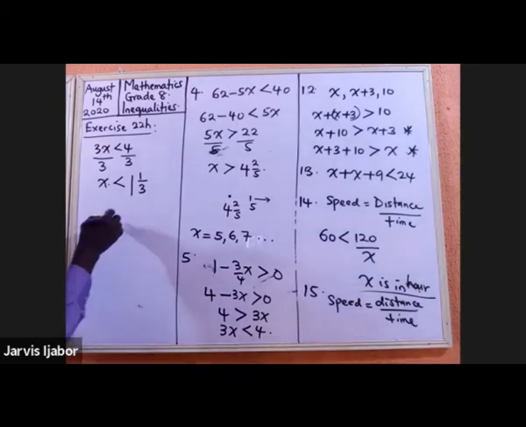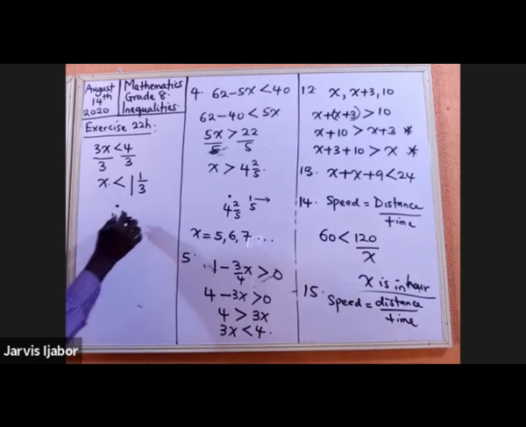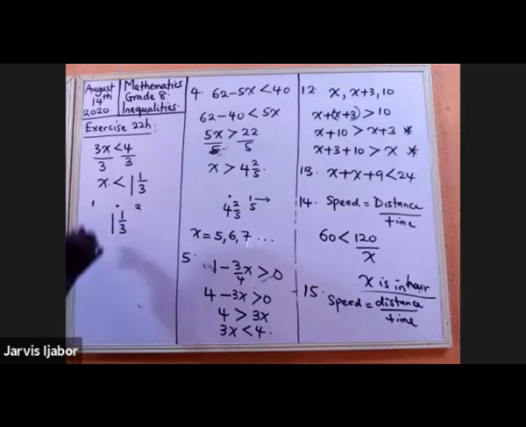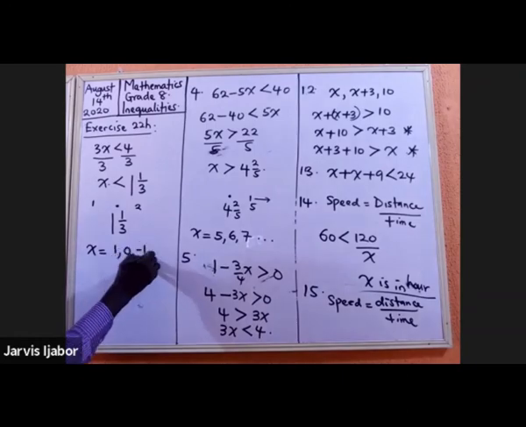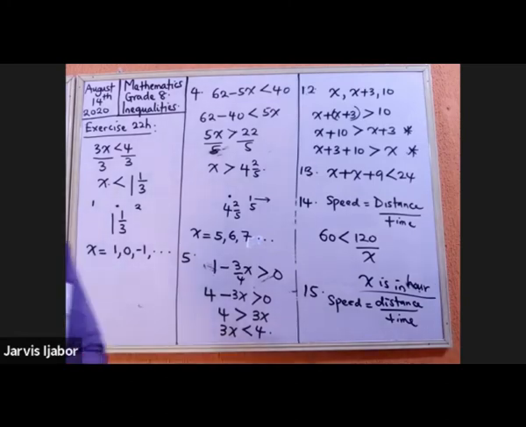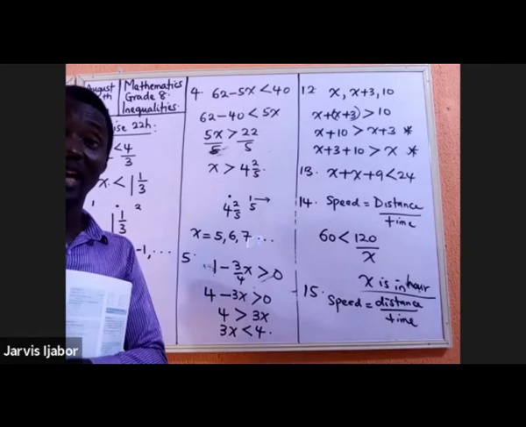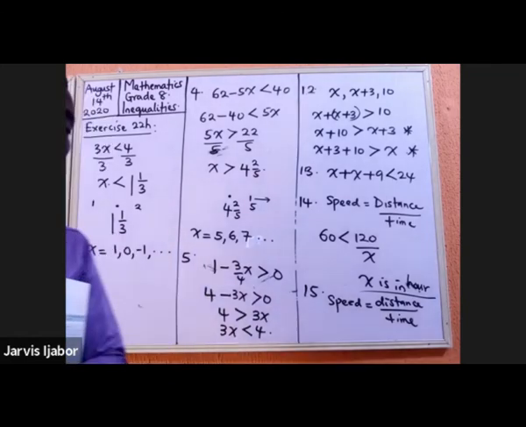So look at this, 1/3. X is less than this, meaning x is not 2, you have 2, you have 1. X is not 2 because it's less than. X will start from 1, so x will be equal to 1, 0, -1, ... These are the possibilities of what? X. Since x is a whole number. I hope you know that the whole number can be positive and can be negative. All right. So that takes care of that.